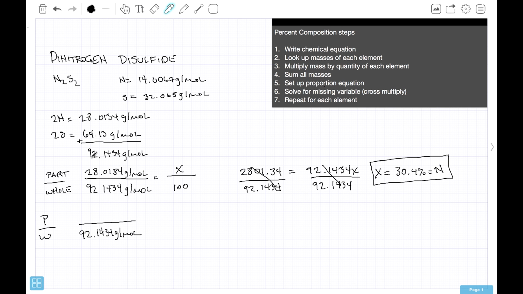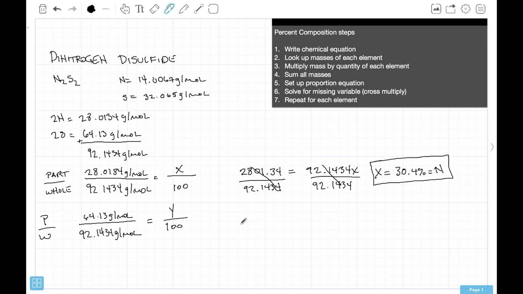And the part this time is going to be 64.13 grams per mole. Okay. Now, 92.1434 grams per mole represents 100% of the compound, and the 64.13 grams per mole. Well, that represents, we don't know how much that represents. So we're going to set that equal to Y.